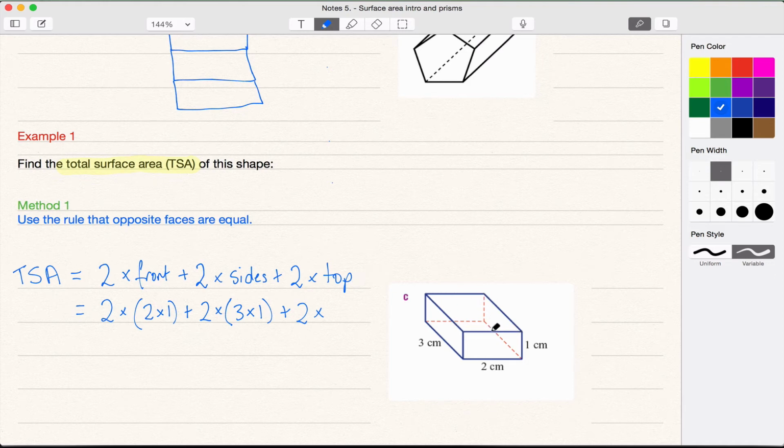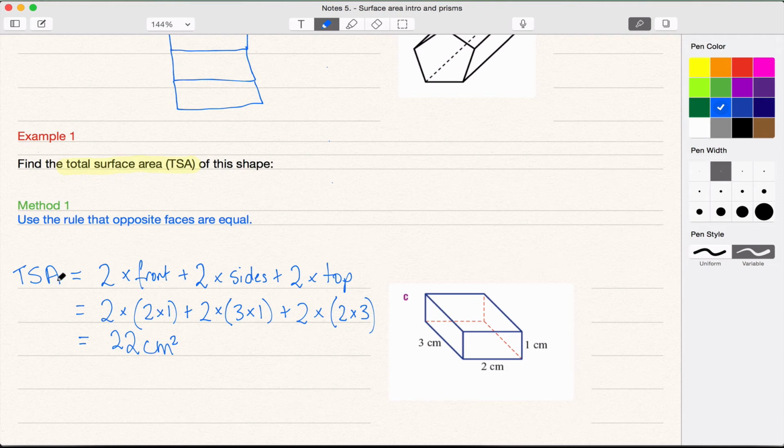Plus 2 times the area of the top. We've got this side, which is 2, and this side, which is 3. 2 times 3. And when you work that out, you end up with 22.